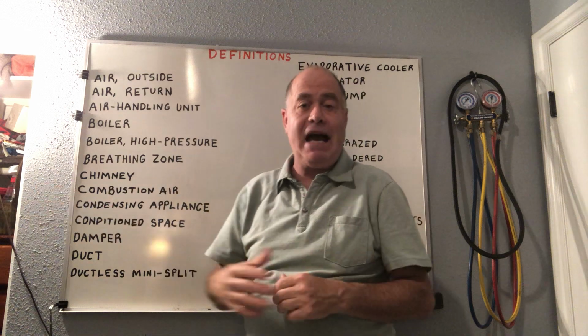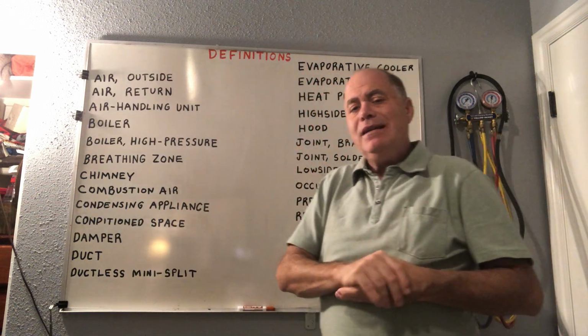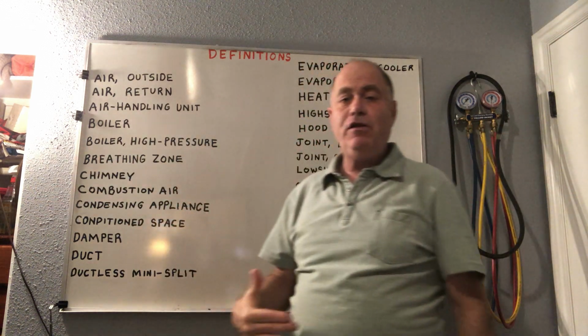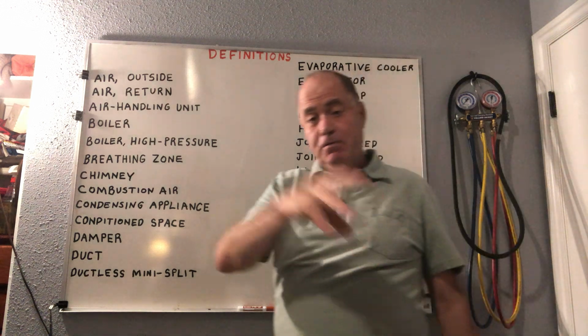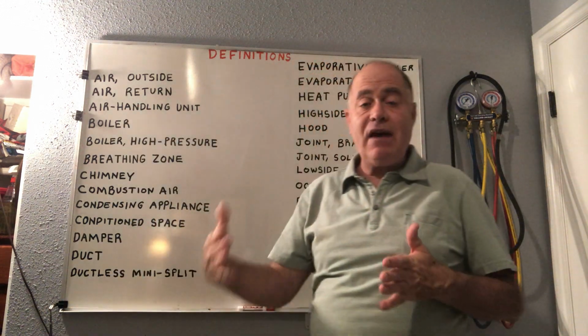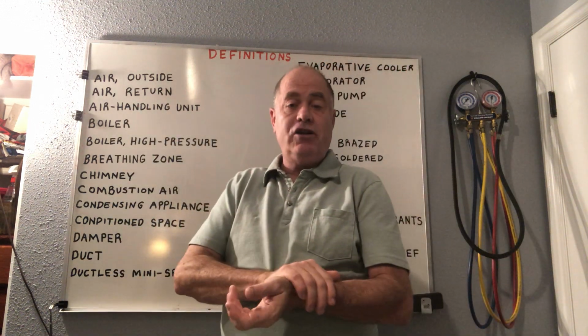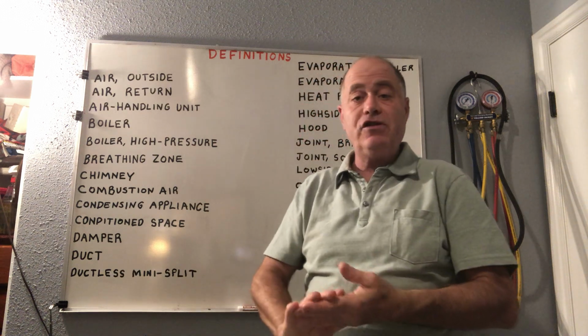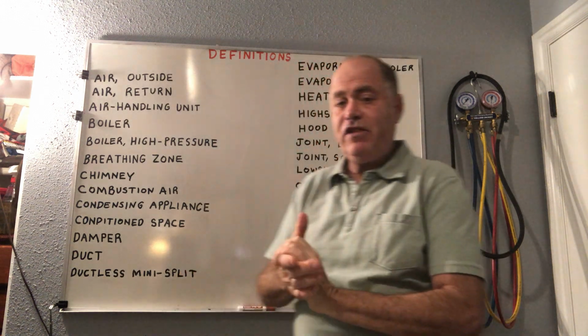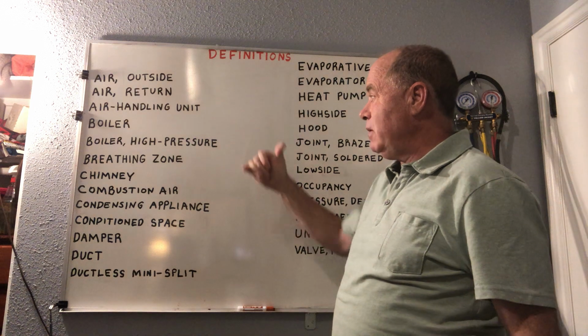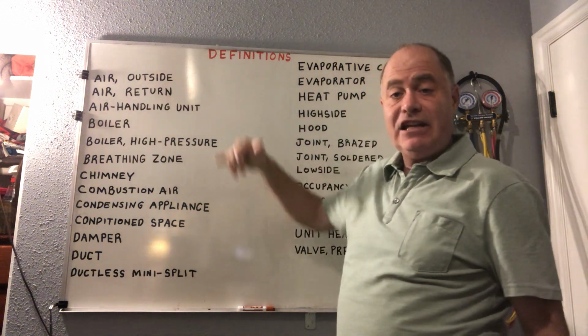It'd just be part of a package. But if we have a separate system, a separate metal box, if you like, that is providing the air for the building, and it may have a hot water coil, chilled water coil, air filters, or even just some means of heating, that may be considered an air handling unit.